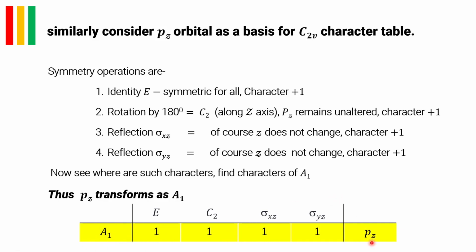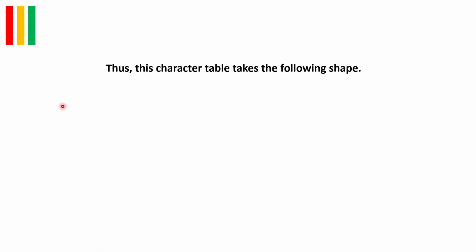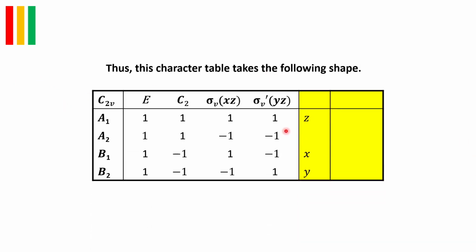So pz transforms as A1, and therefore the x, y, z p orbitals have different transformation properties under C2v symmetry. You can see that for A1 it is z, for B1 it is x, and for B2 it is y. That is how, taking p orbitals as a basis, we can derive certain observations.